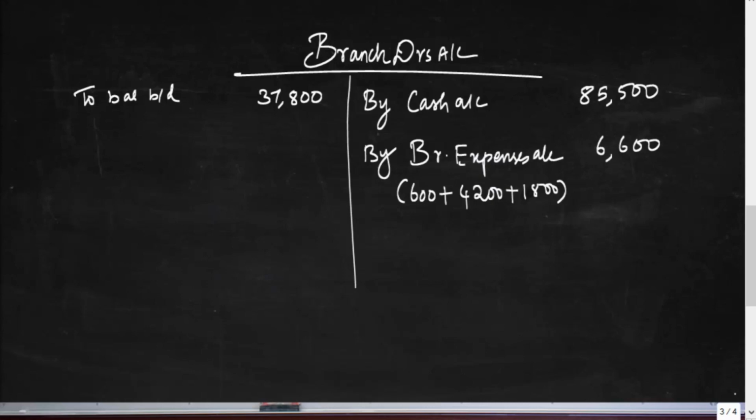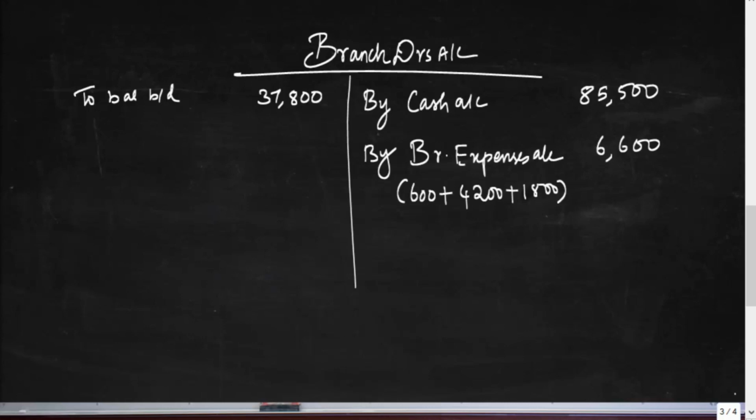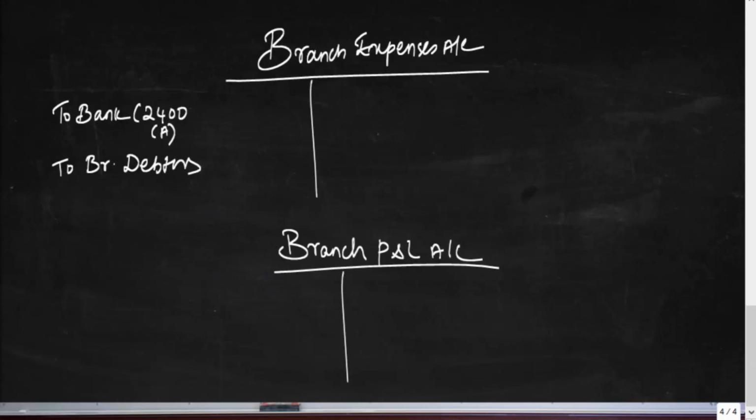So this should get recorded in branch expenses also. So we'll go to branch expenses. We'll say to branch debtors, and that's the entry we have, right? It is branch expenses debit to branch debtors credit. So to branch debtors account, what was the value? It was 6,600. So that part is taken care.